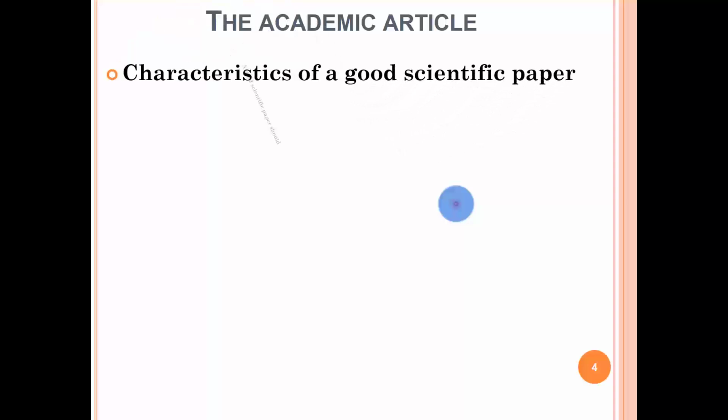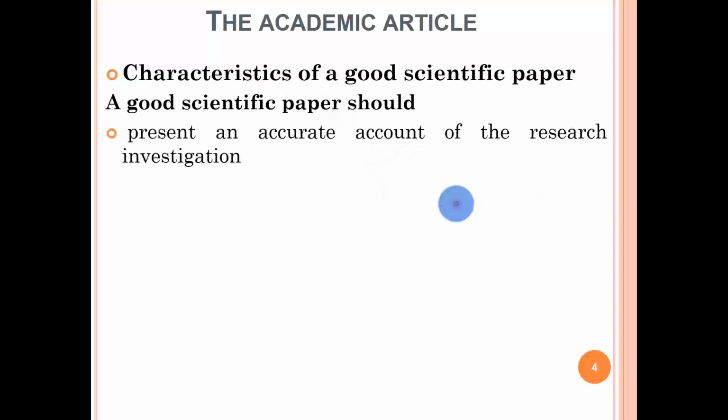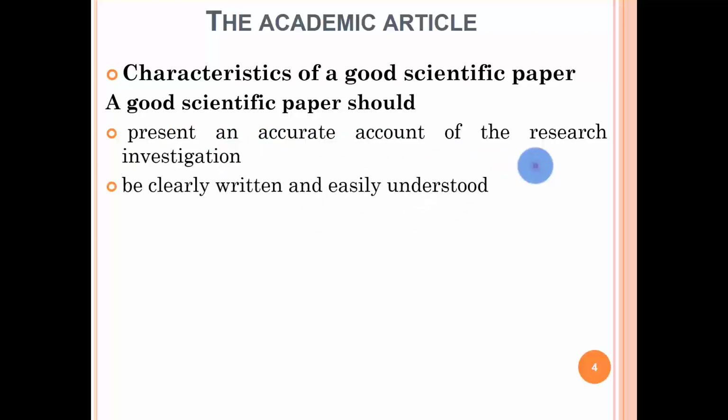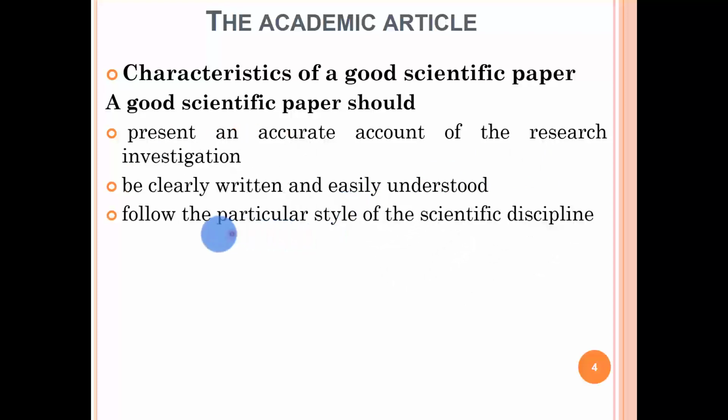Characteristics of a good scientific paper. A good scientific paper should have some certain characteristics. Some of these main characteristics are the following. It should, first of all, present an accurate account of the research investigation. It should be clearly written and easily understood. It should follow the particular style of the scientific discipline.